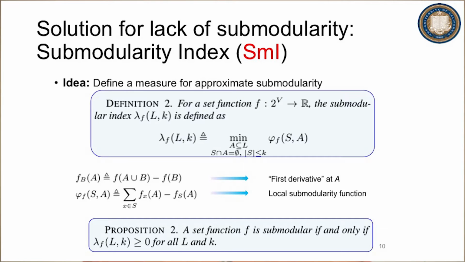That's why we are motivated to define a new term called submodularity index to characterize the strength of submodularity for general set functions. Essentially, we can show that a set function is submodular if and only if its submodularity index is positive.